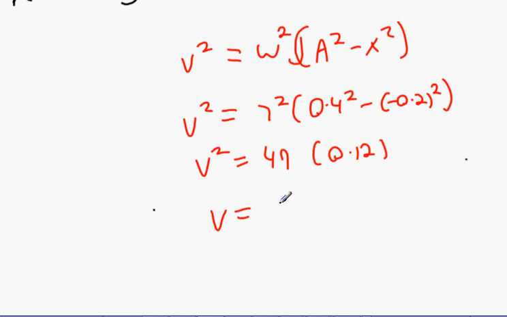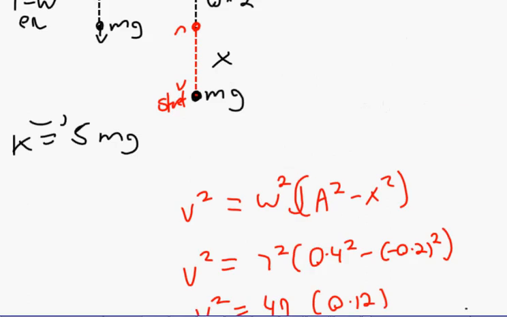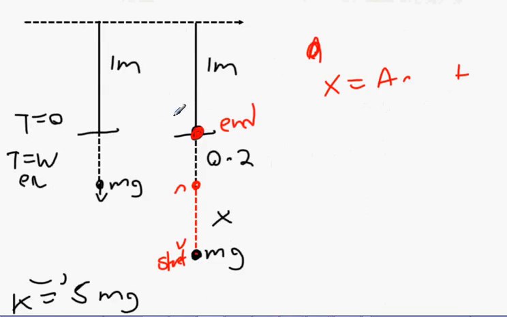49 times 0.12 and square root it? Root 5.88, which is 2.43? Yeah, 2.43, right? And at this point in time, when it reaches the end, its velocity is 2.43.